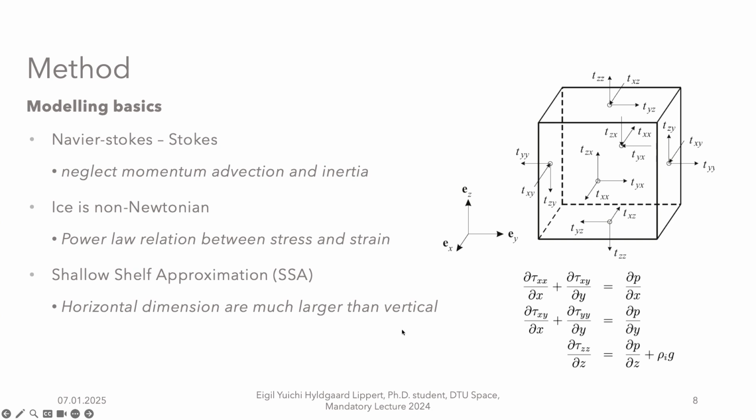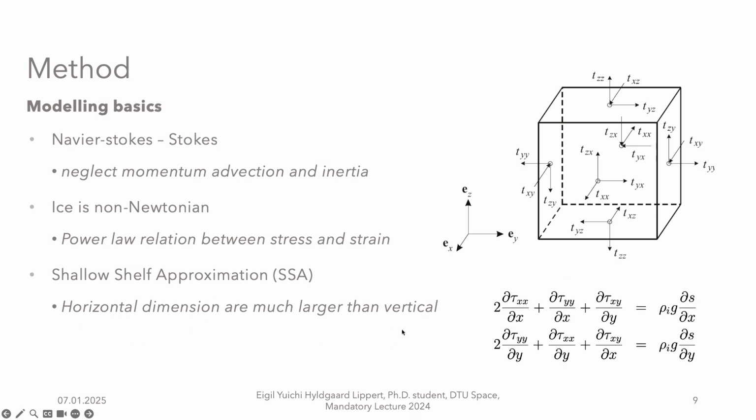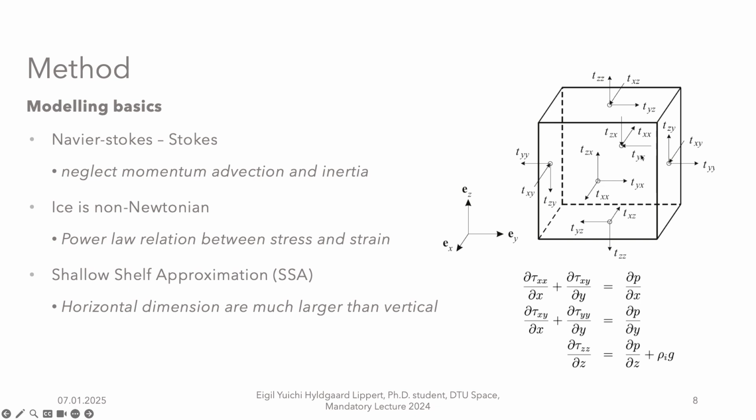So you treat it as a kind of membrane. All of this is considering the stresses on an infinitesimal ice cube inside the ice. And since the glacier is much wider than it is deep, the idea is you can ignore the vertical components, and you end up with these equations. They are now reduced from this to this.